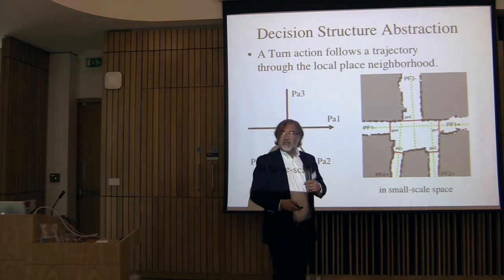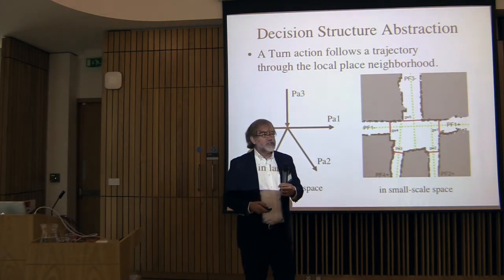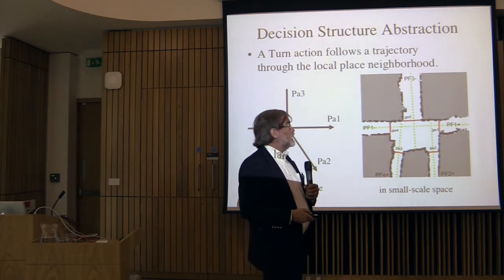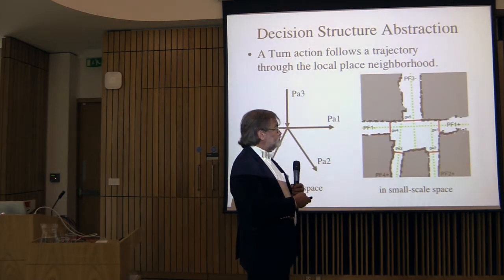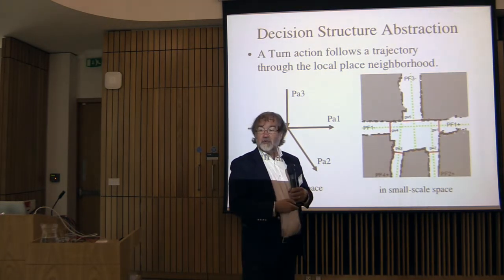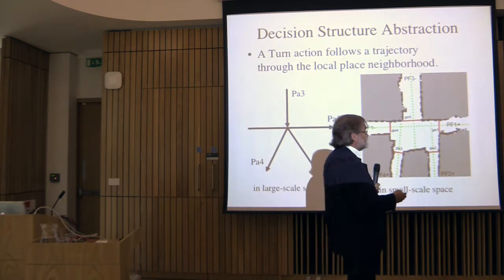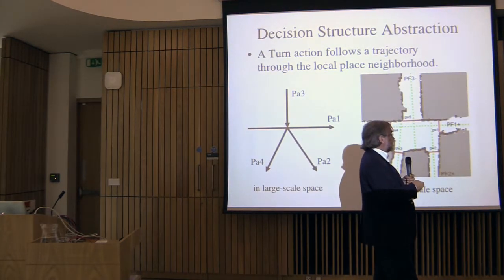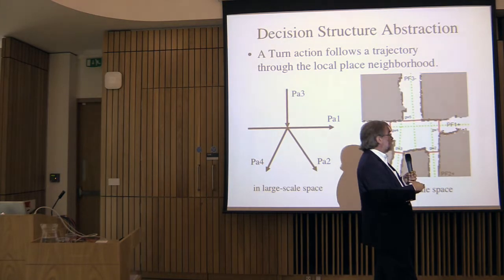Now, this abstraction allows us to, as we plan a route in the large-scale graph abstraction, for example, I might decide, suppose a route involved coming in on path 1 and then going out on path 2.